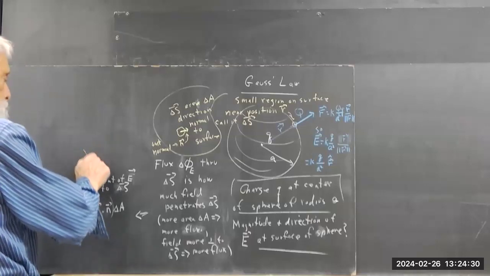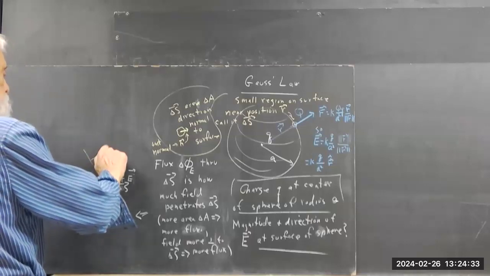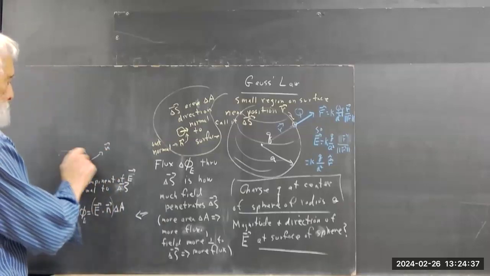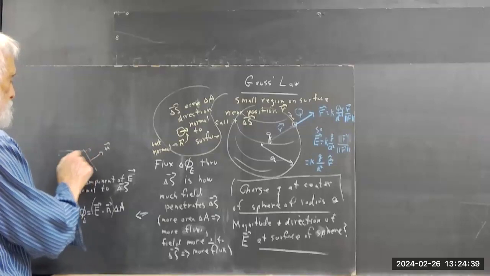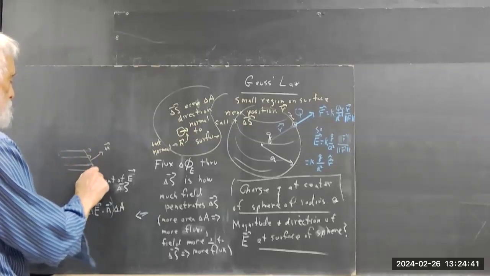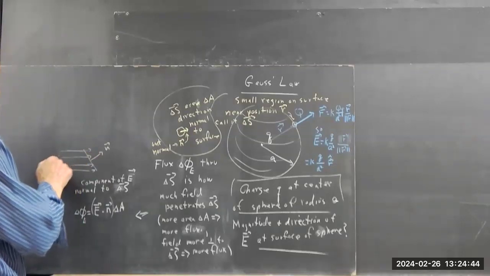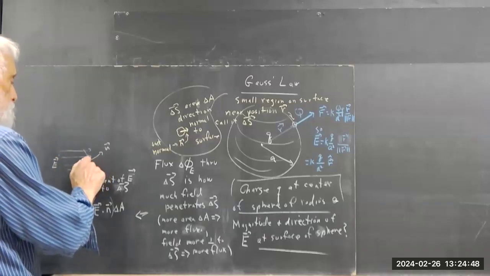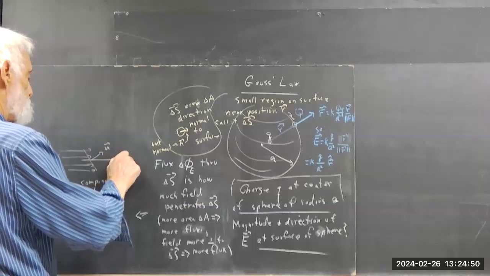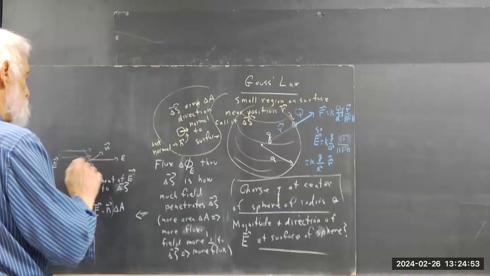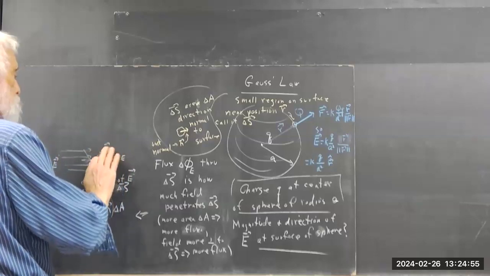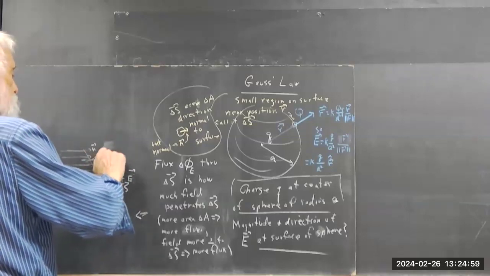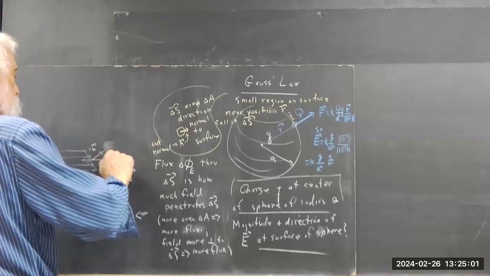So like if you have a side view, your normal vector like this, and E vectors like this, the component of E in the direction of the normal vector is just a projection of E on the normal vector.